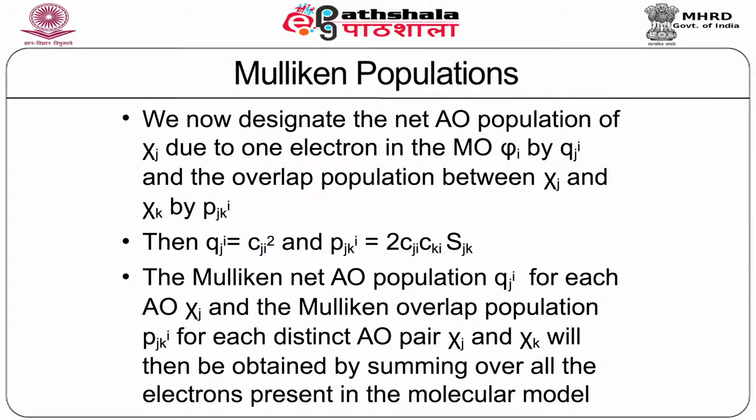The Mulliken net atomic orbital population q_ji for each atomic orbital chi_j and the Mulliken overlap population p_jki for each distinct atomic orbital pair chi_j and chi_k will then be obtained by summing over all the electrons present in the molecular model.